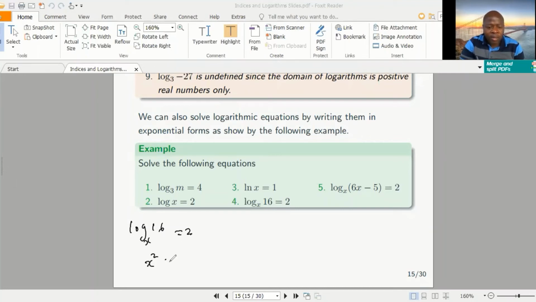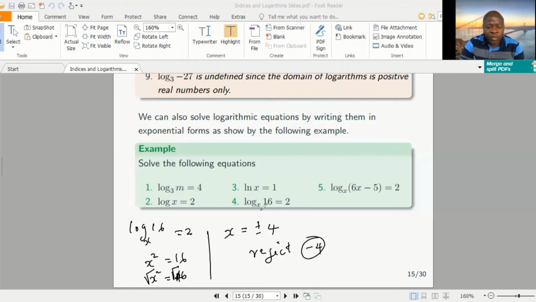X squared is 16. So take the square root on both sides. So x is plus or minus 4, the square root of 16, but reject negative 4.